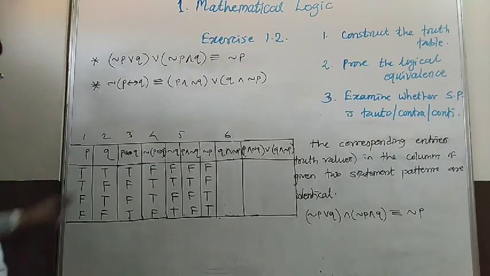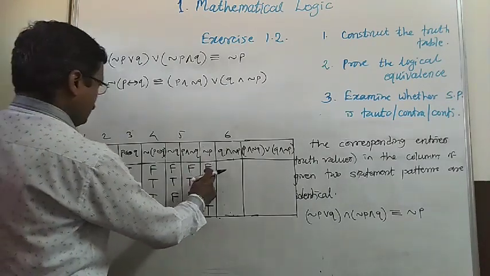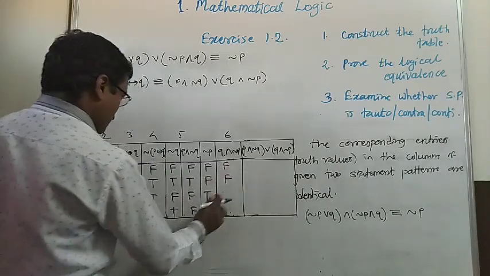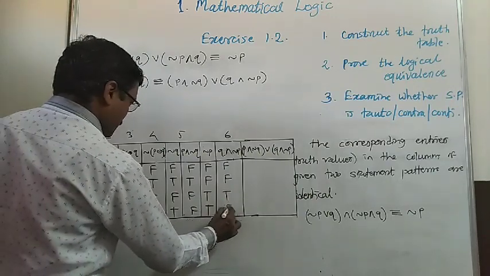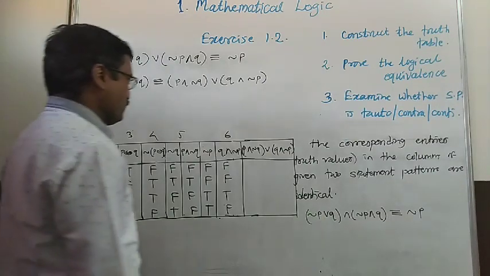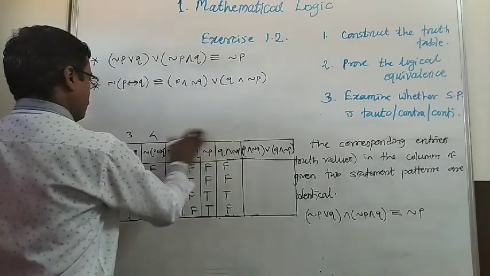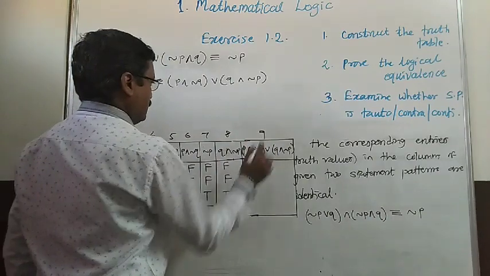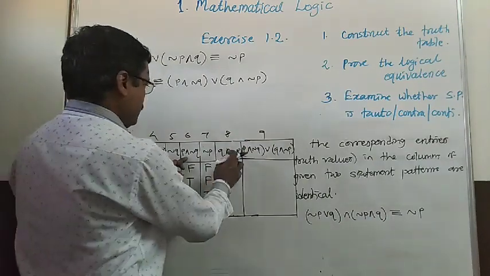Then Q and negation of P, the conjunction of these two. Conjunction means we will check whether F is there or not. If F is there, the conclusion will be F. No F, so T. One F, so F. Now the last column contains the disjunction of column number 6th and 8th.